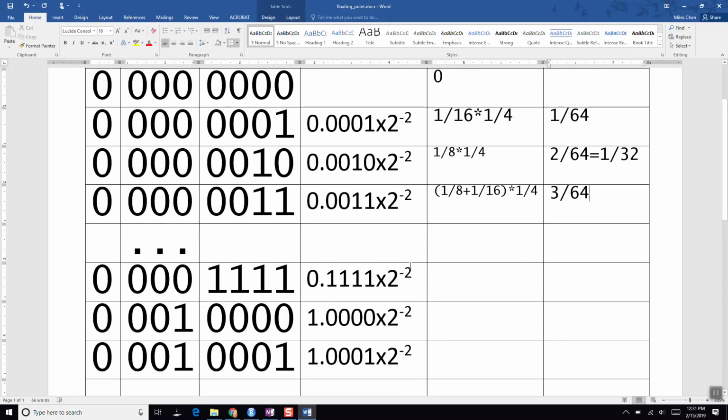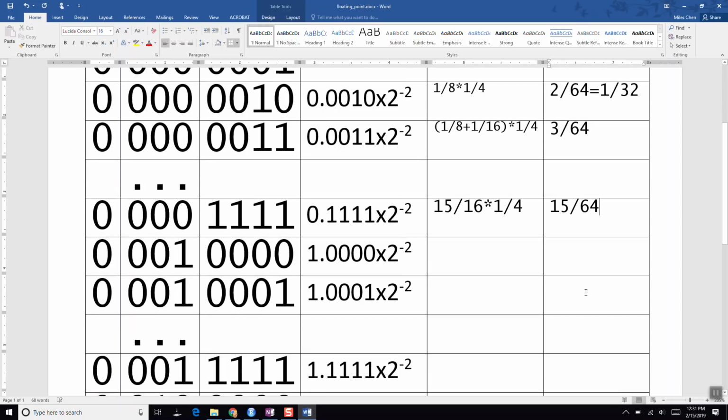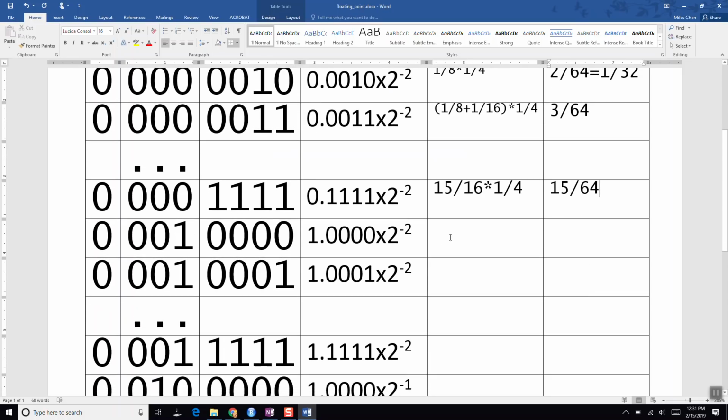So these are all denormalized, right? And so the largest denormalized becomes 15/16 times 1/4. So we've already seen all of this. And we get 15/64 right here. Okay, and now this is the smallest normalized value.